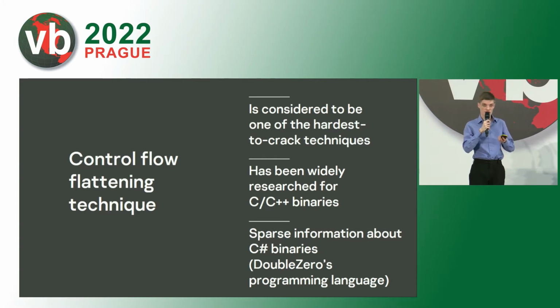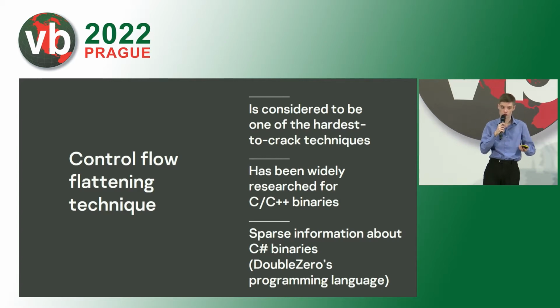Of course, this technique is not new, and it has been previously researched for C and C++ malware. And there is even a plugin for IDA that allows you to remove flattening from C and C++ code. However, in my case, I was dealing with C#. Although C, C++, and C# sound similar, C# is entirely different in terms of architecture from C and C++.